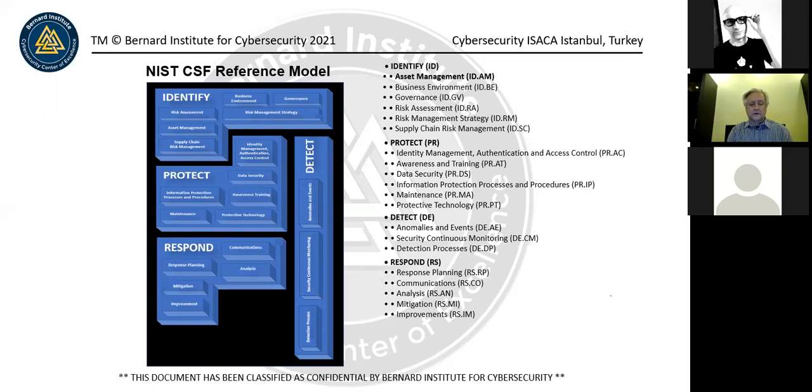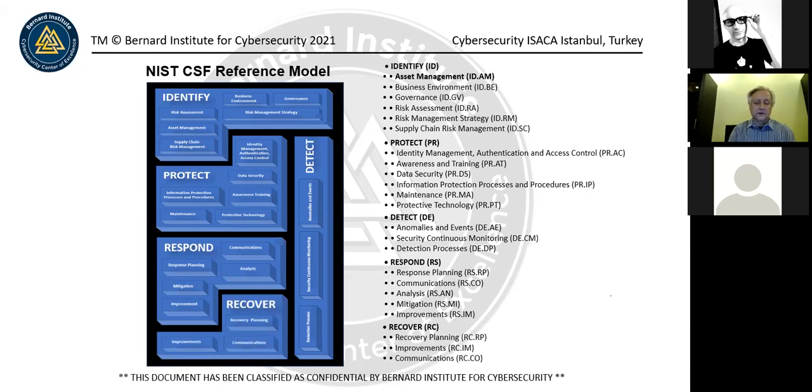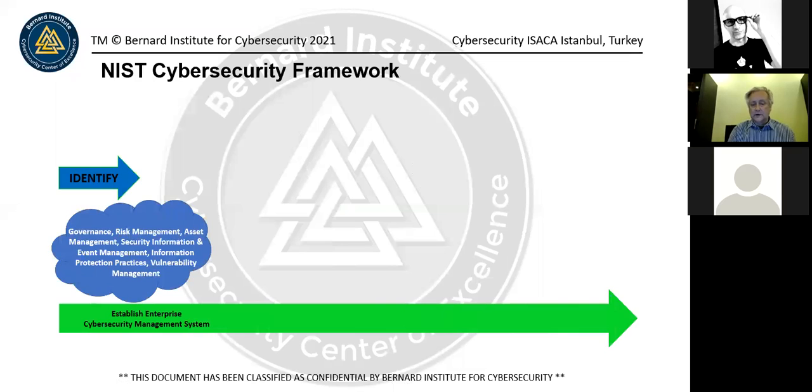And then, of course, there's the response and the recovery process, which is really a big part, the heart of the incident handling practice. That's a reference model I like to use.